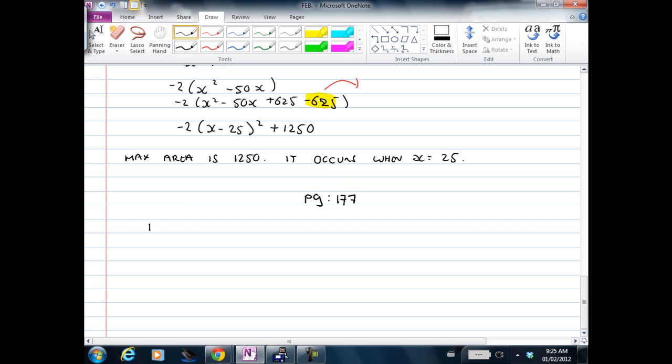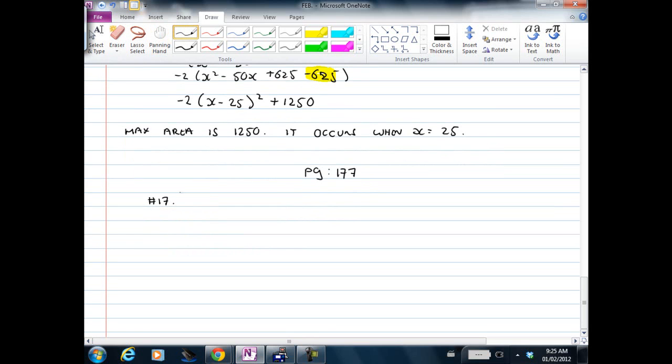Number 17. Now to do number 17, all I'm going to ask you to do is one thing. Find the max area given the diagram.